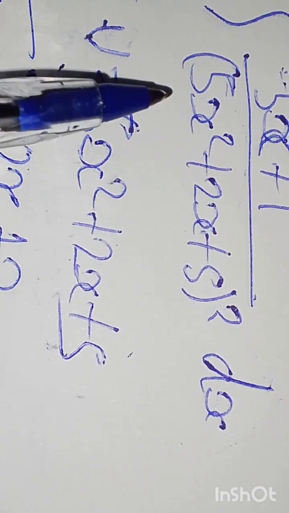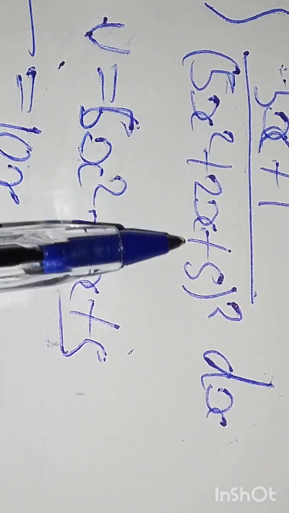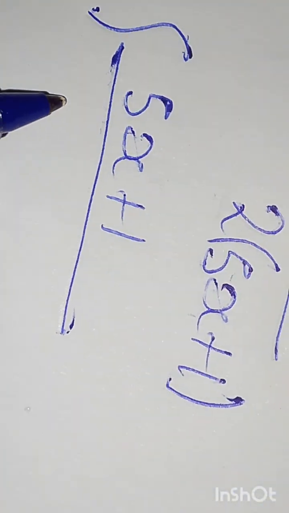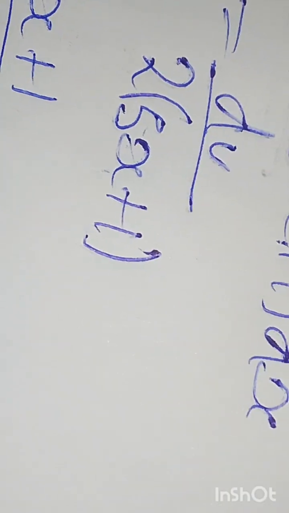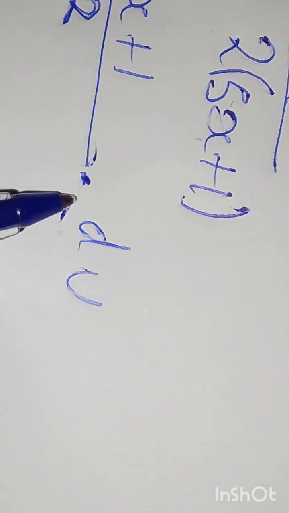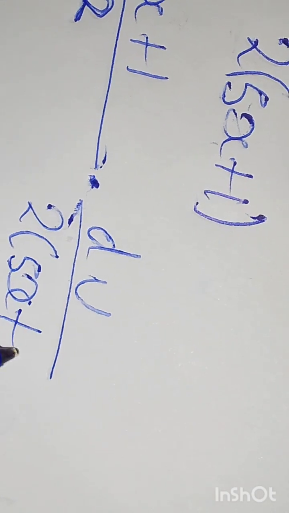So what's inside here, that's what we said would be our u. So it's u squared here, multiplied by, what's our dx? Our dx, we said it's du over 2 open brackets 5x plus 1.